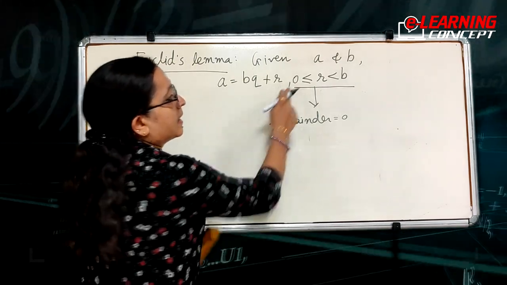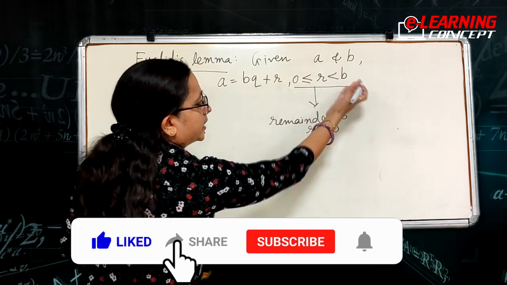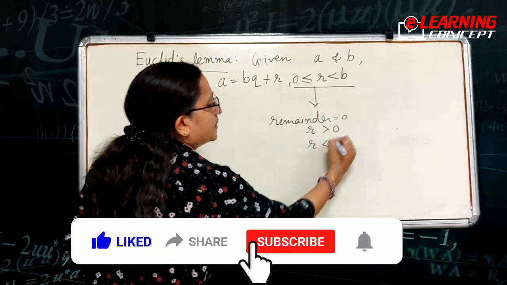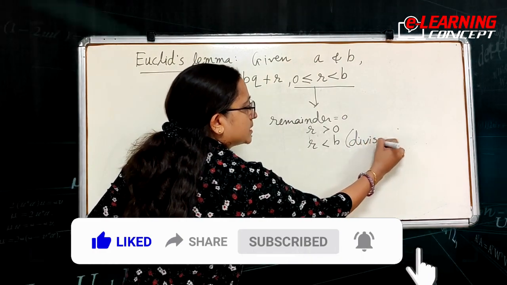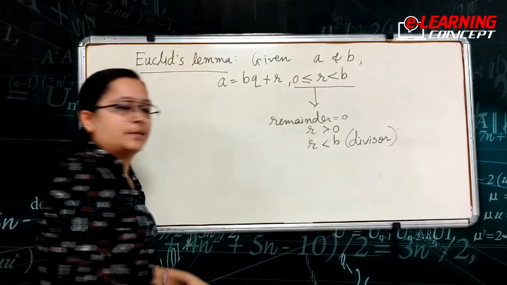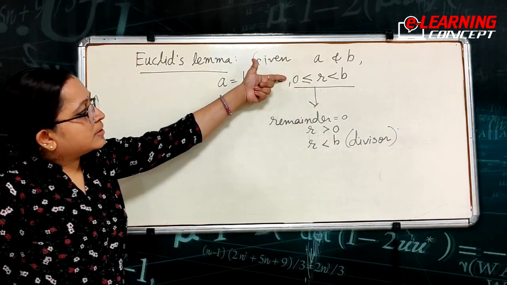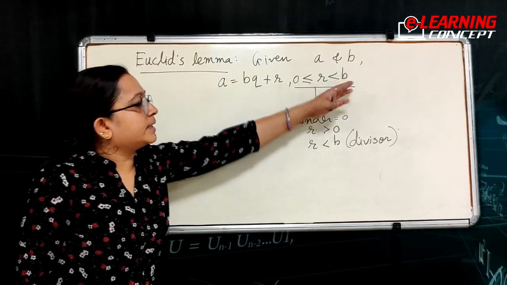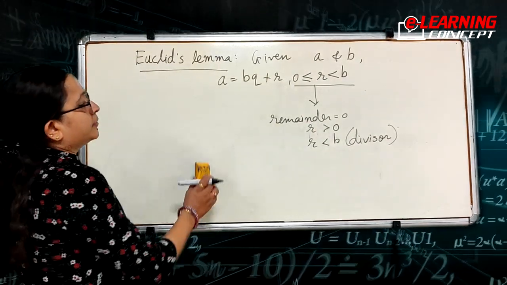It can be greater than 0, obviously, and it would be less than b. That means it would be less than the divisor. Always you can check by taking several examples. So this is the condition. The remainder can be 0, it can be greater than 0, but it will be less than the divisor. So this is the statement of Euclid's lemma.